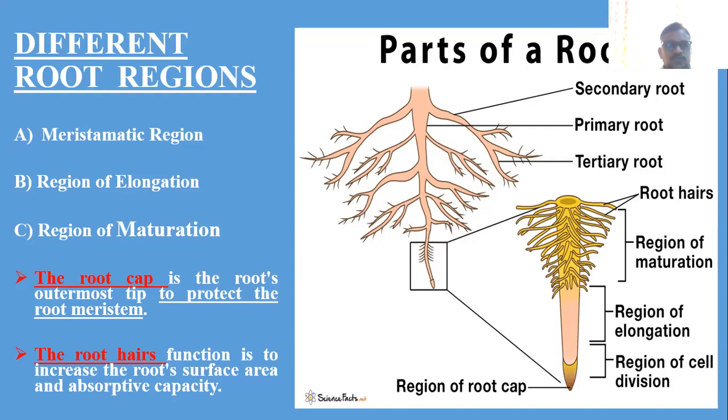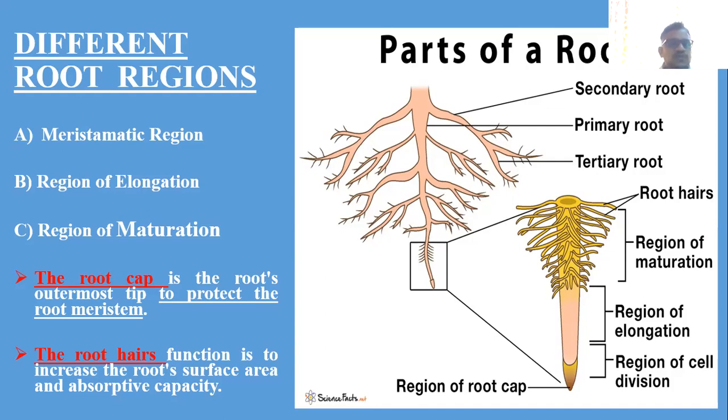For example, specific cells such as epidermis, cortex, and vascular tissues are mainly present here, and this is an important part of the root structure which we will discuss in the next slide. For now remember that the zone of maturation is where specialized cells are formed, and it is present behind the region of elongation.